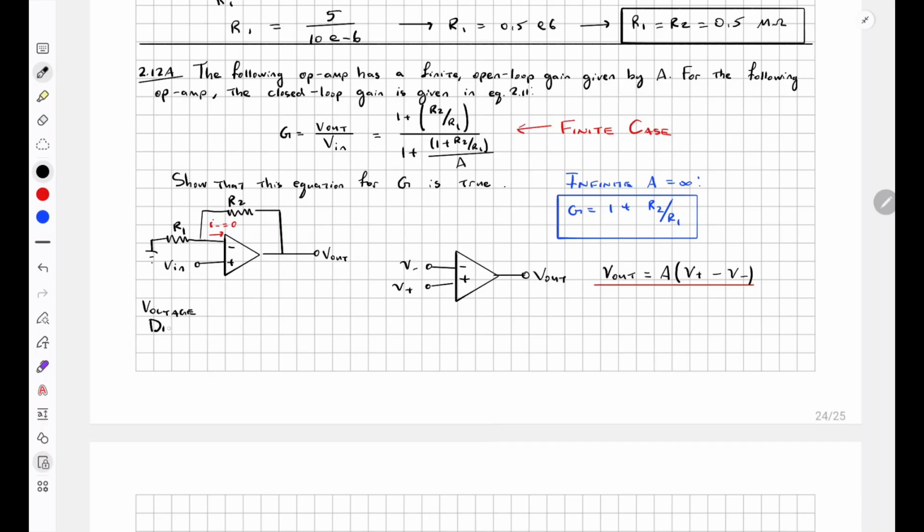The sample point V minus is equal to V out multiplied by, in the numerator the lower resistor, and in the denominator the sum of the two series resistors. This is just the voltage divider formula.